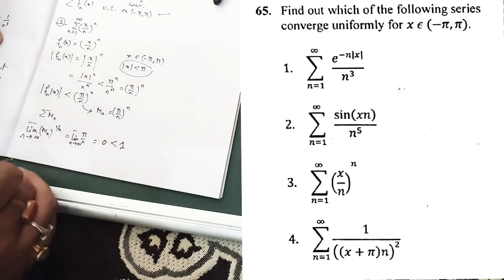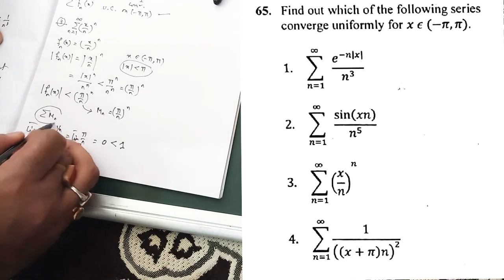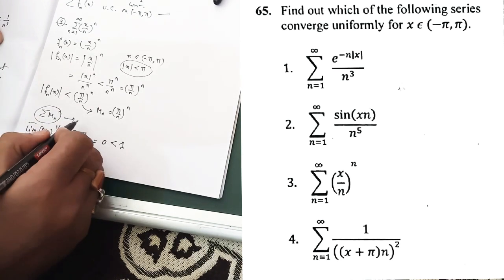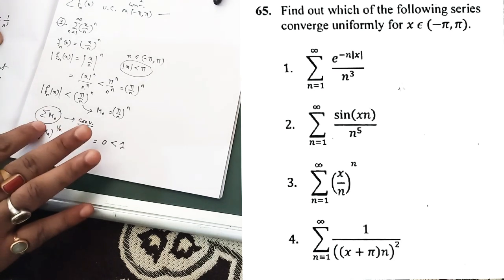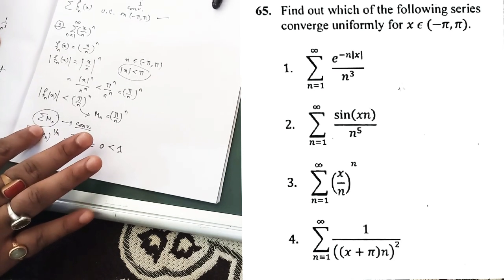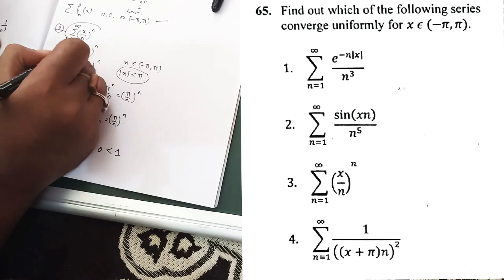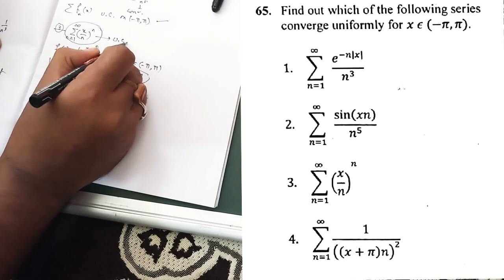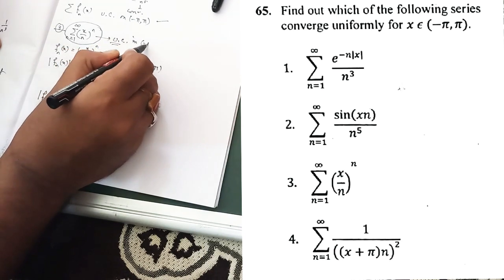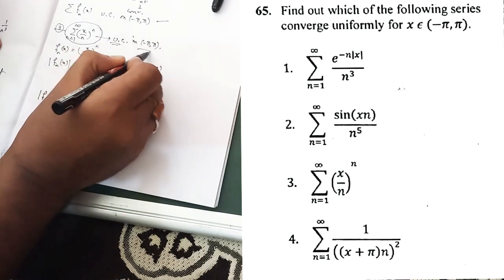By the Cauchy root test you can conclude that this series is convergent, and it is convergent means our given series of functions is also uniformly convergent in the interval minus pi to plus pi.